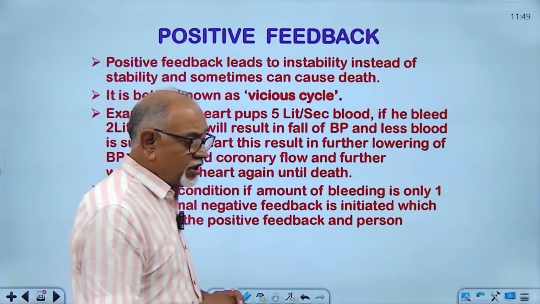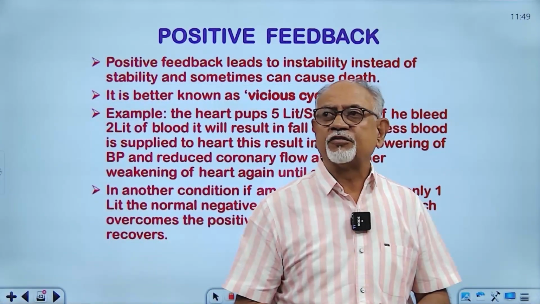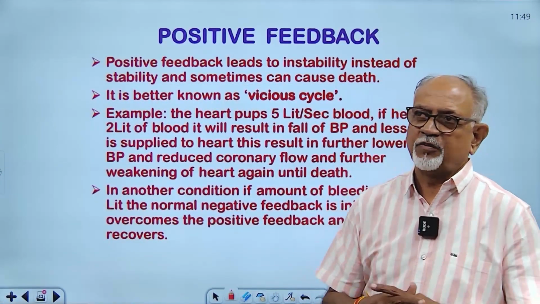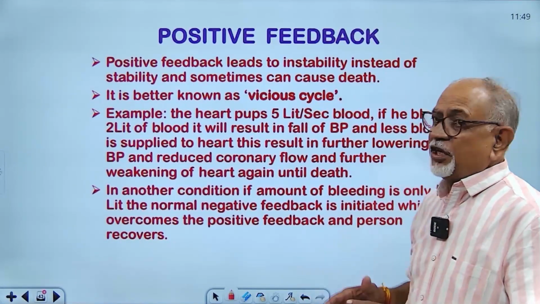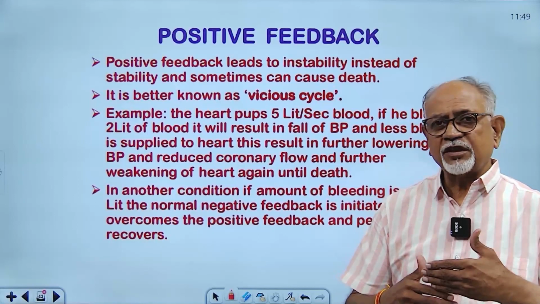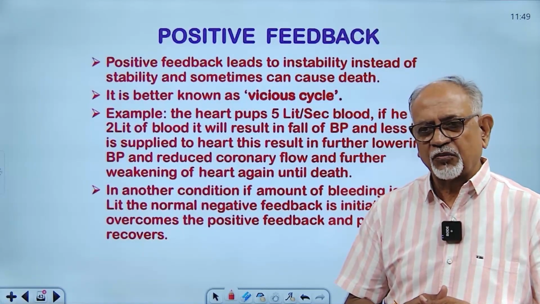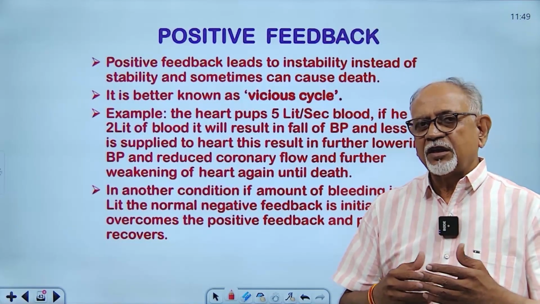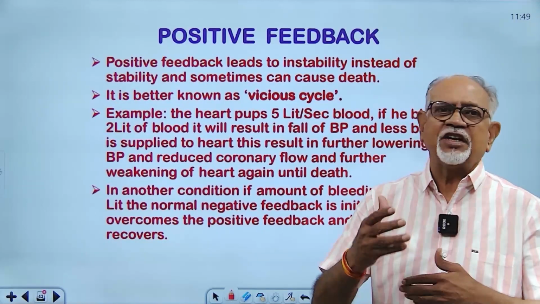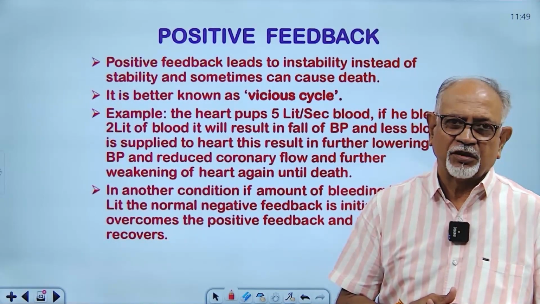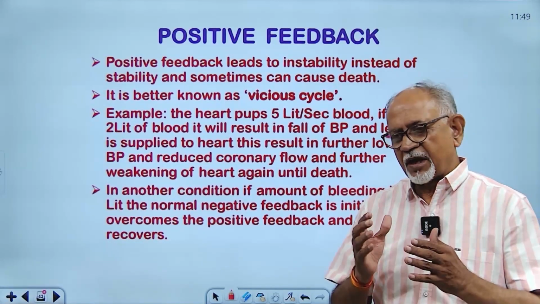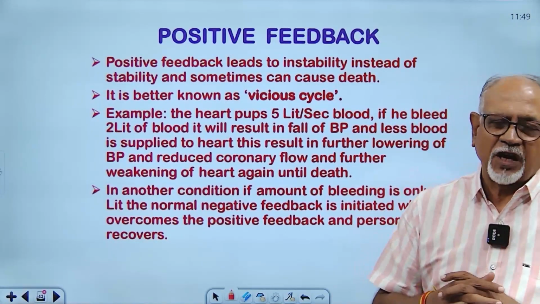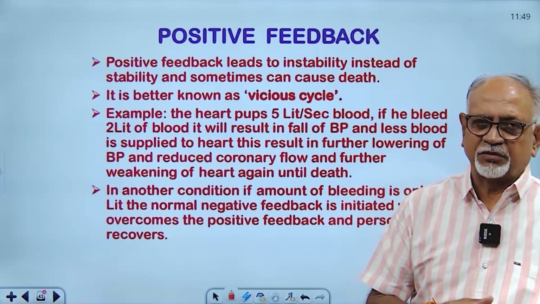Now, another feedback system is the positive feedback system. In this, if some parameter is increased, then it causes a further increase in that parameter till the maximum effect is achieved.